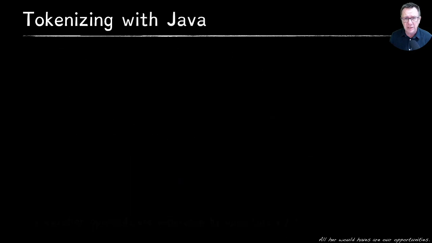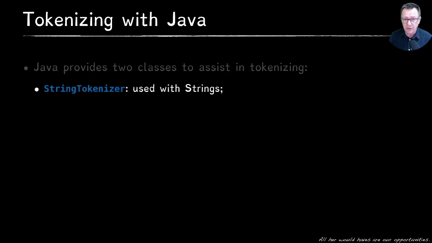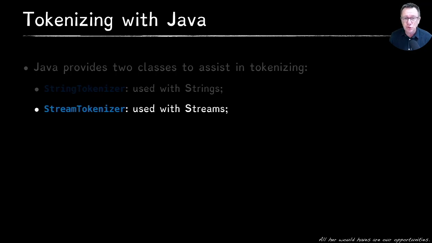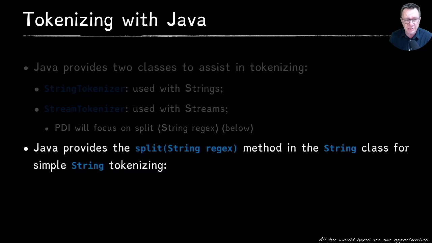So when it comes to Java, we've got two classes that we can really use when it comes to tokenizing. StringTokenizer, and guess what that's used with? Yes, that's right, strings. We've also got StreamTokenizer, and I'm sure you already guessed that or you read, it's used with streams, okay? We're going to be focusing mostly on splitting things using regexes, and we're going to use the method split, all right?